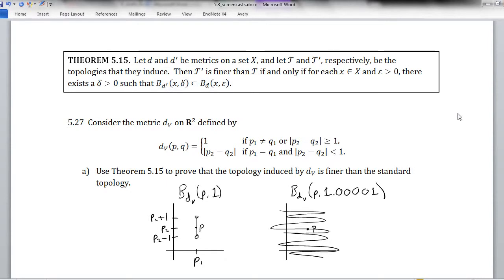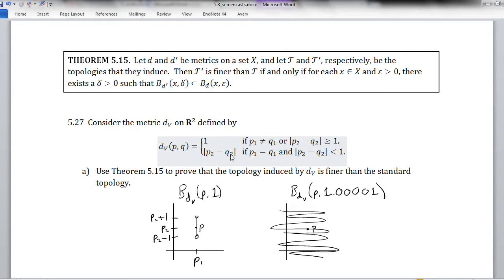All right, so exercise 5.27: consider the metric d sub v on the plane defined by the distance from point P to Q is 1 if the first coordinates are different, or if they're the same but the second coordinates are at least 1 apart.